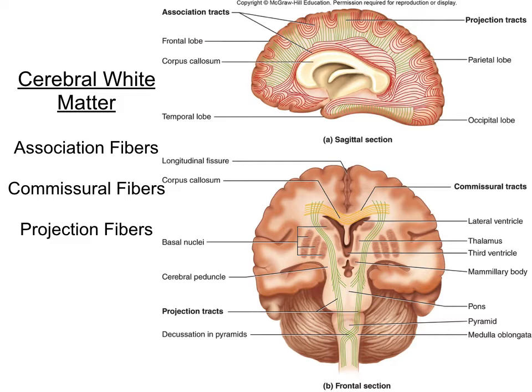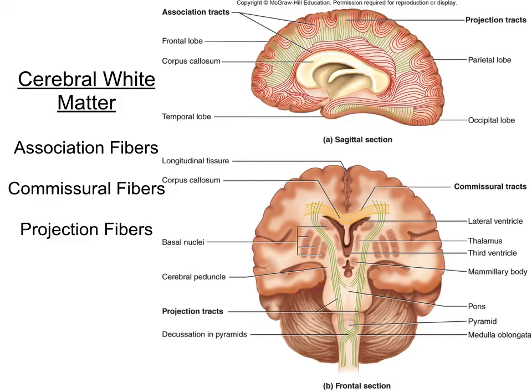If you are within one hemisphere, it might become necessary for the parietal lobe of the right hemisphere to talk to the frontal lobe of the right hemisphere, or just to be able to talk from gyrus to gyrus, from fold to fold, within a single lobe.